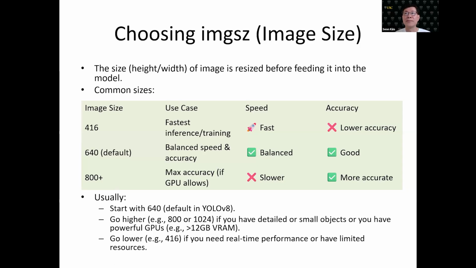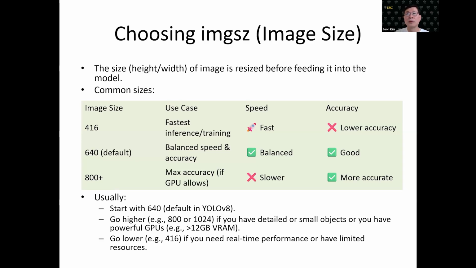Because the resolution is not that good, identifying some small object which has a small number of pixels is basically difficult. The default value is 640. Usually, this one provides a balanced result. The speed is reasonable, accuracy is pretty good. So lots of people are using this default size.